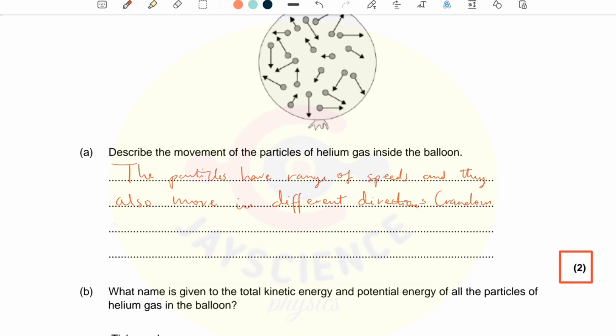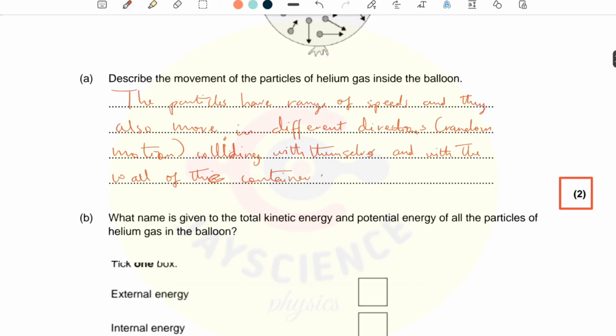We're talking about random motion there, colliding with themselves and with the walls of the container. Yeah, that's about that.